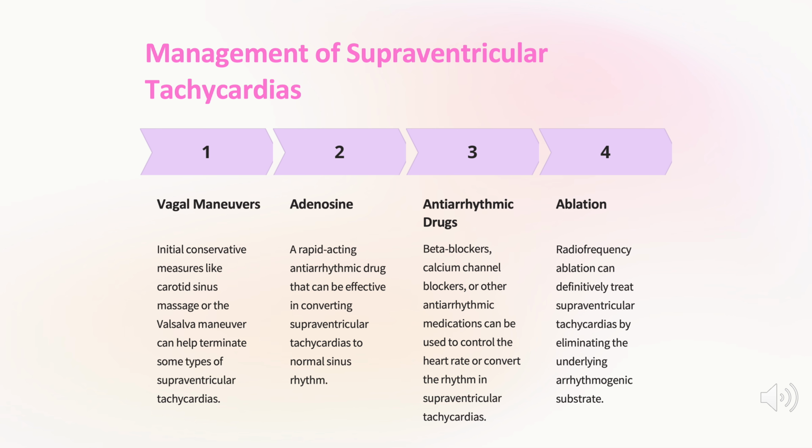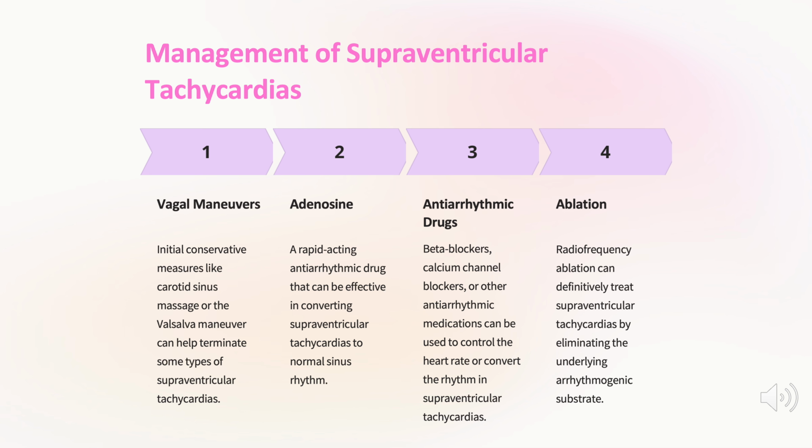3. Antiarrhythmic drugs. Beta blockers, calcium channel blockers, or other antiarrhythmic medications may be used to control the heart rate or convert the rhythm in supraventricular tachycardias. These medications help stabilize the heart's electrical activity and restore normal rhythm. 4. Ablation.